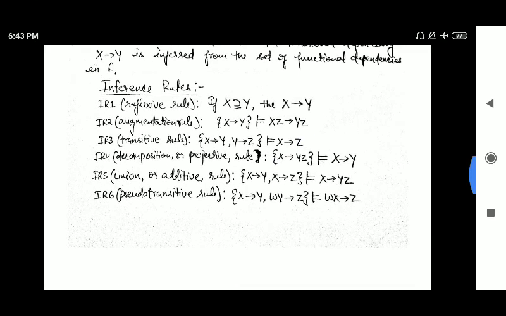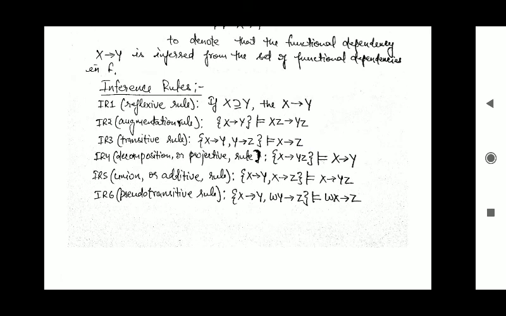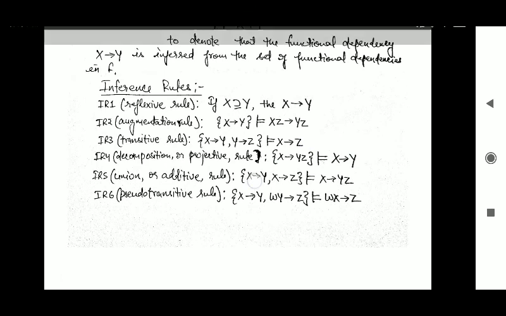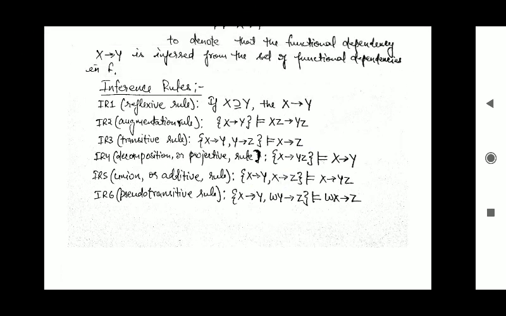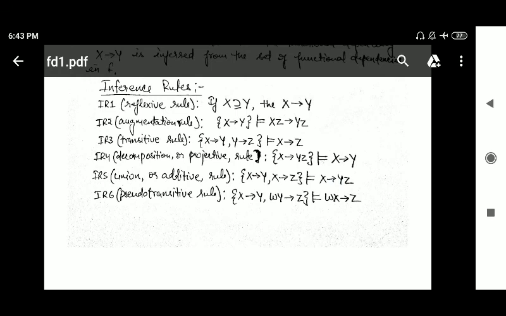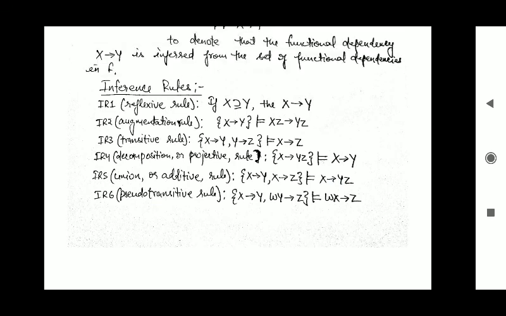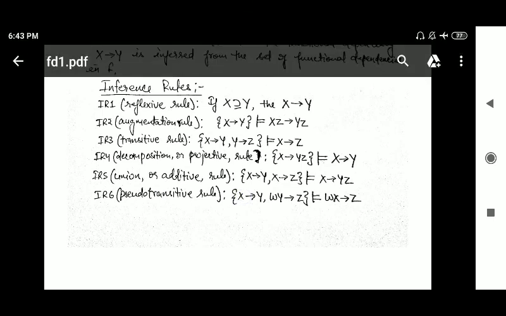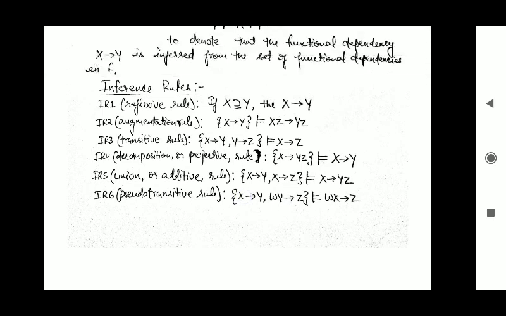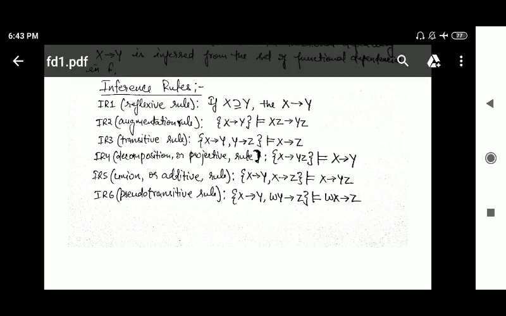The fifth inference rule is the union or additive rule. According to this rule, if X implies Y and X implies Z hold, then X implies YZ will also hold. Now, the sixth rule is the pseudo-transitive rule. According to this rule, if X implies Y and WY implies Z hold, then WX implies Z also holds.